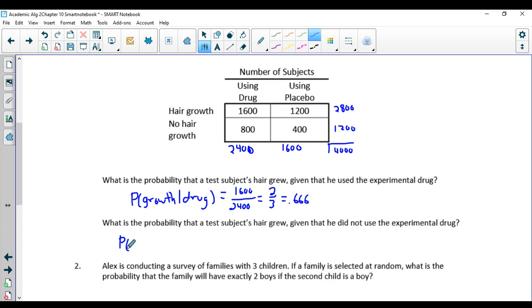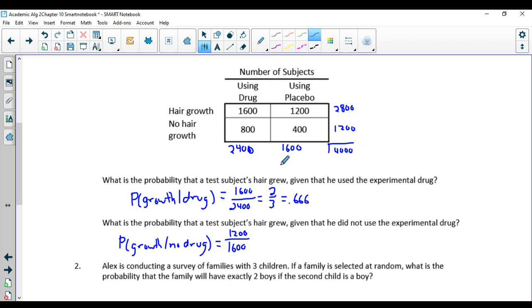For the second one, it says, what's the probability that a test subject's hair grew given he did not receive the drug? So we're looking for the probability of growth given no drug. Growth and no drug, or the placebo, was 1,200. And just the people that used the placebo were 1,600. So again, we're limiting our total.